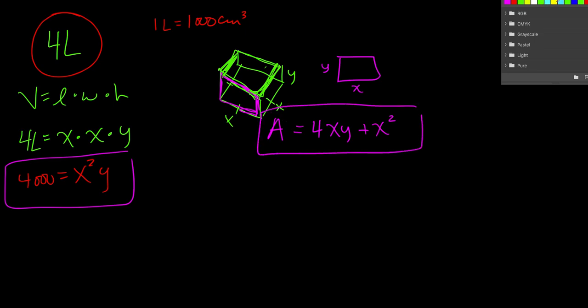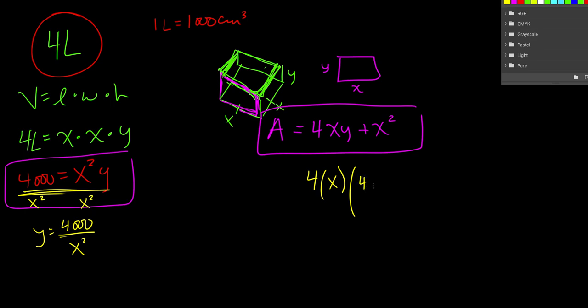Okay, now what we're going to do, we're going to solve this for y. So we divide both sides by x squared. And so y is equal to 4,000 over x squared. And we're going to plug that in for y. We still have this plus x squared.